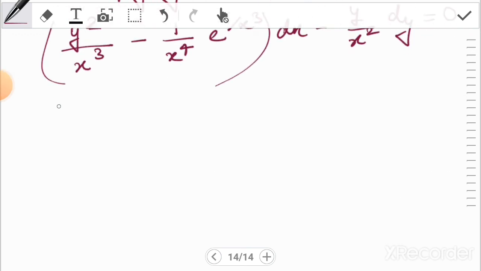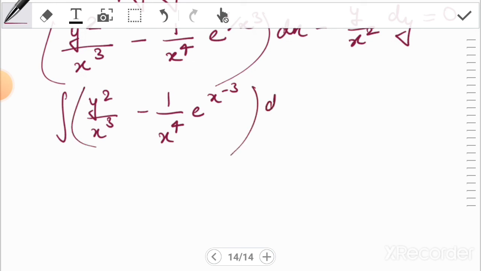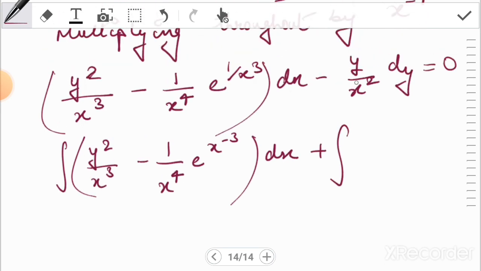Now the solution is integral of y square by x cube minus 1 by x raised to the power 4 e power x power minus 3, dx, plus, since there is no term of n containing only x, we will take 0 here.